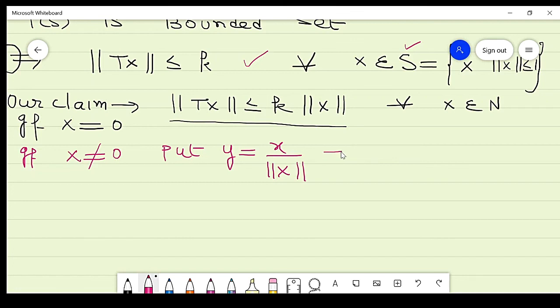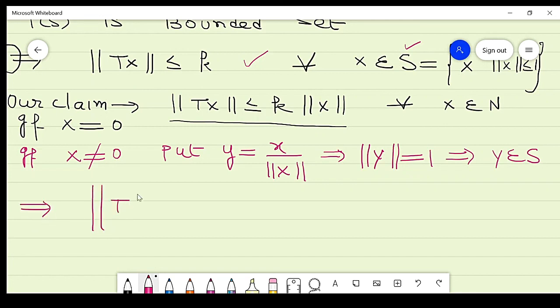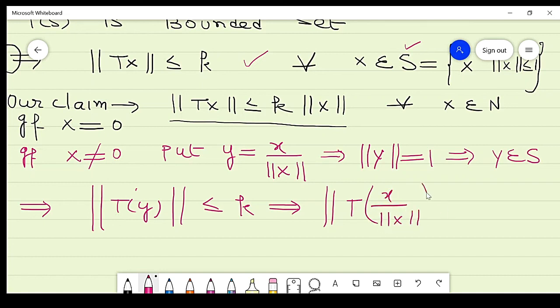Now from this, norm of y equals 1. So it implies y belongs to S. If y belongs to S, then this condition is satisfied. It means norm of T of y is less than or equal to k, right? It implies norm of T of x by norm of x is less than or equal to k.